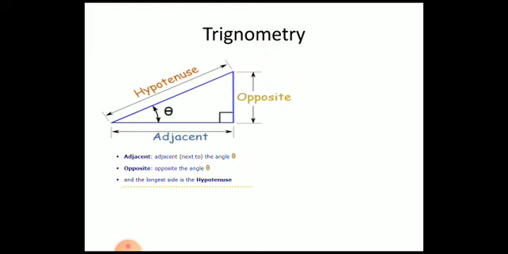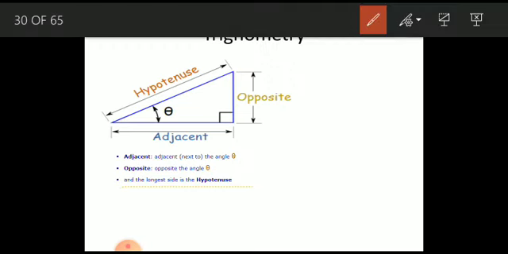Now, this is an angle theta. The side opposite to that angle is called the opposite side. The side which is adjacent to the angle is called the adjacent side, and this side is called the hypotenuse.